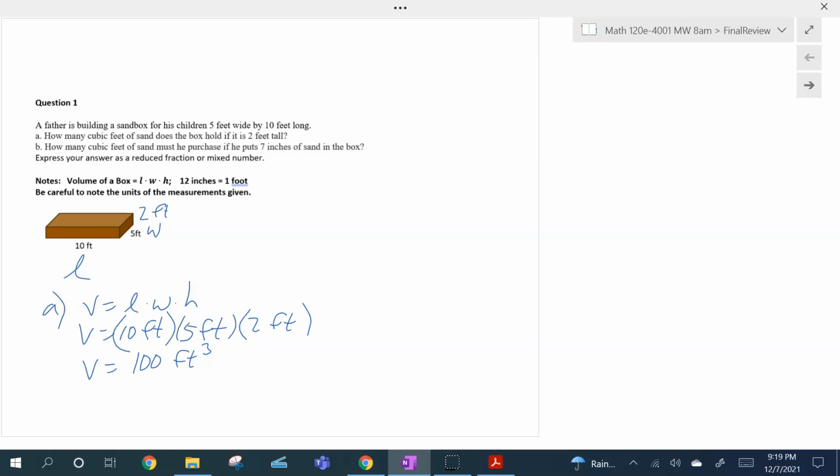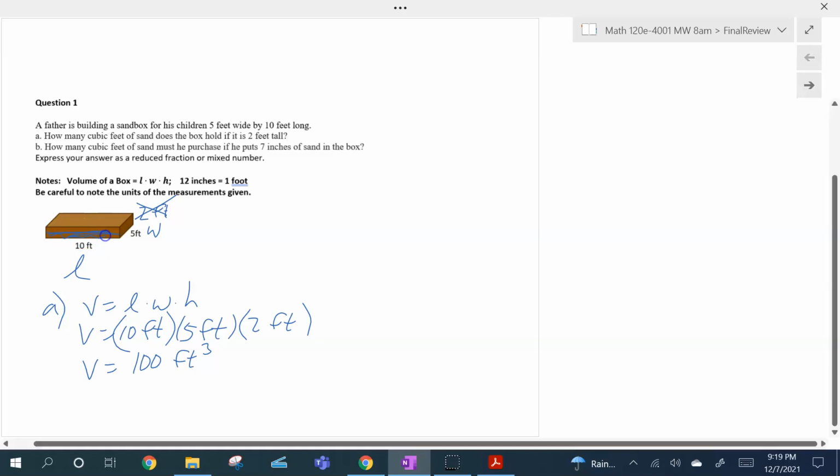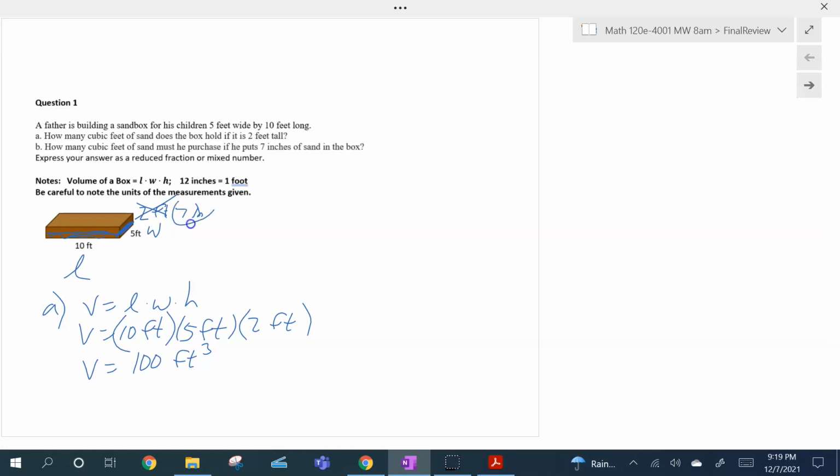Alright, part B. How many cubic feet of sand must he purchase if he puts 7 inches of depth in the sand? Well, if that is 7 inches instead of 2 feet, we just fill it up to 7 inches. So 7 inches is our height. We've got to convert that to feet.